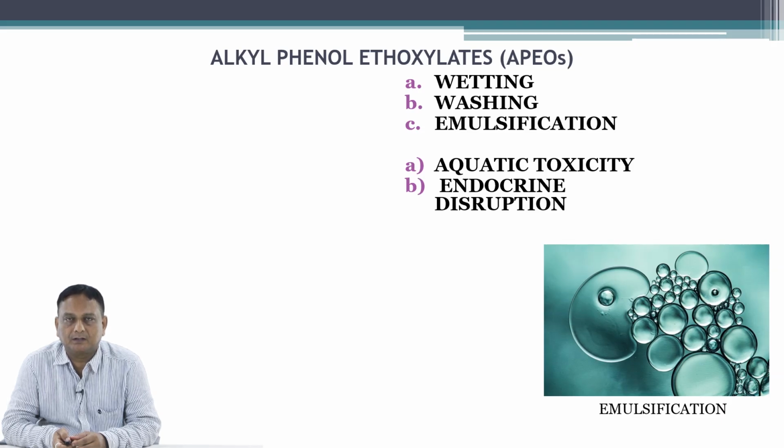Then in washing, different chemicals are used, and then comes the emulsification process. So in those areas alkyl phenol ethoxylates are used. Now what are the disadvantages? Aquatic toxicity increases, and endocrine disruption happens with APEOs. Those are the different chemical hazards associated with APEOs.